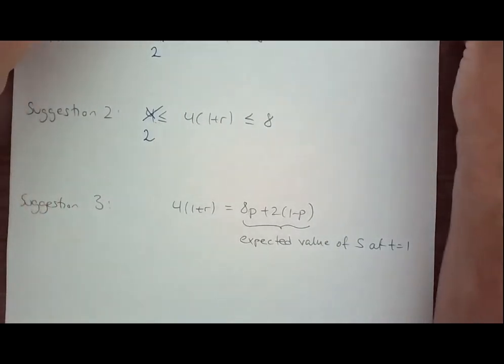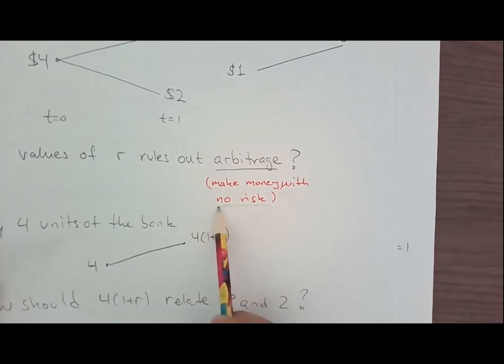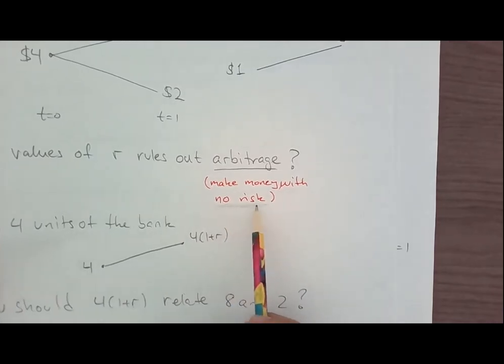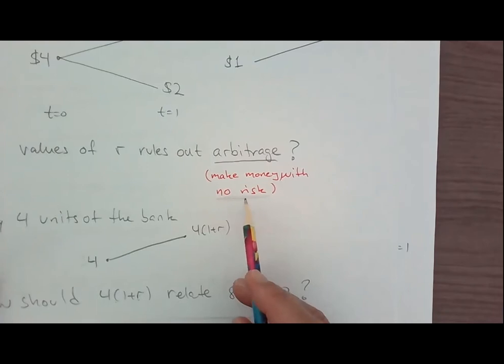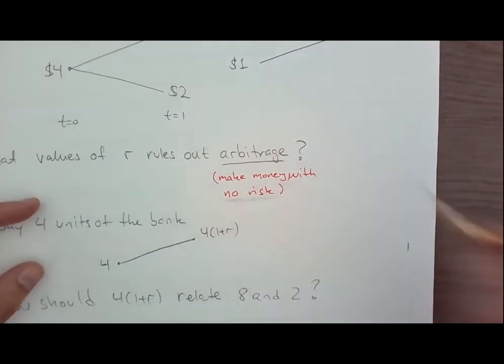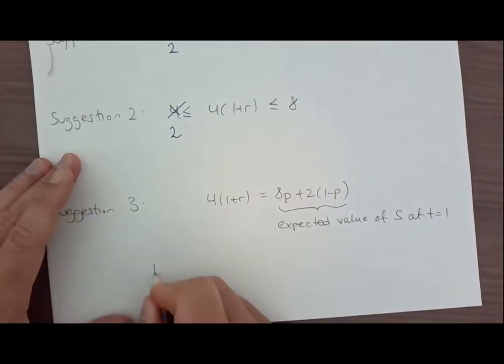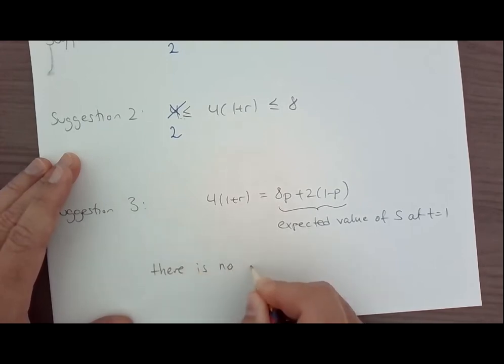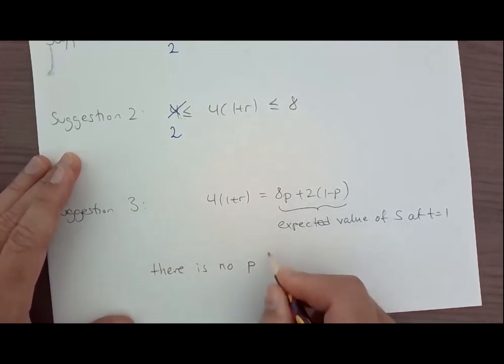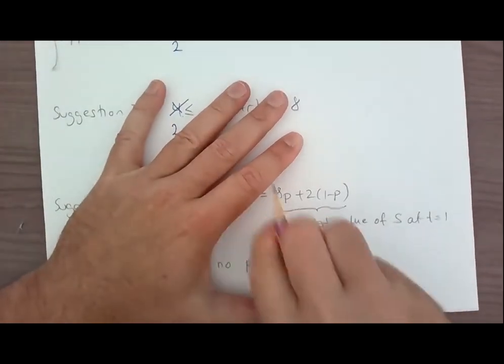But keep in mind here, it says no risk. So there's no p. What this is going to mean is that there's no p, because of the no risk.